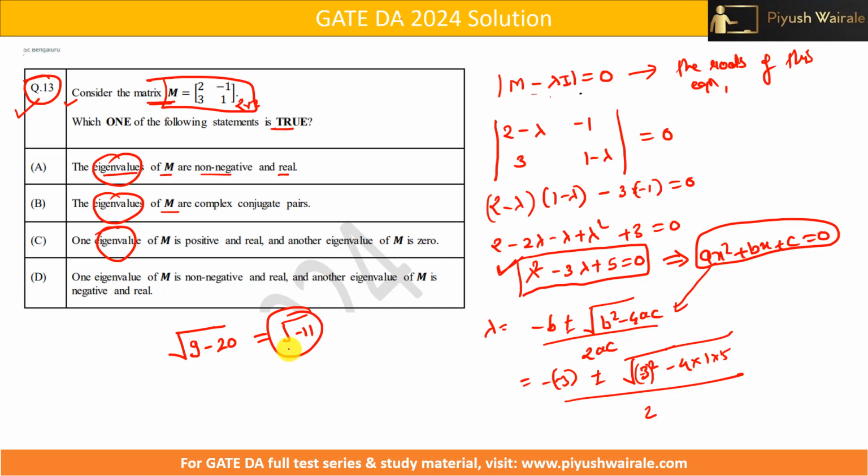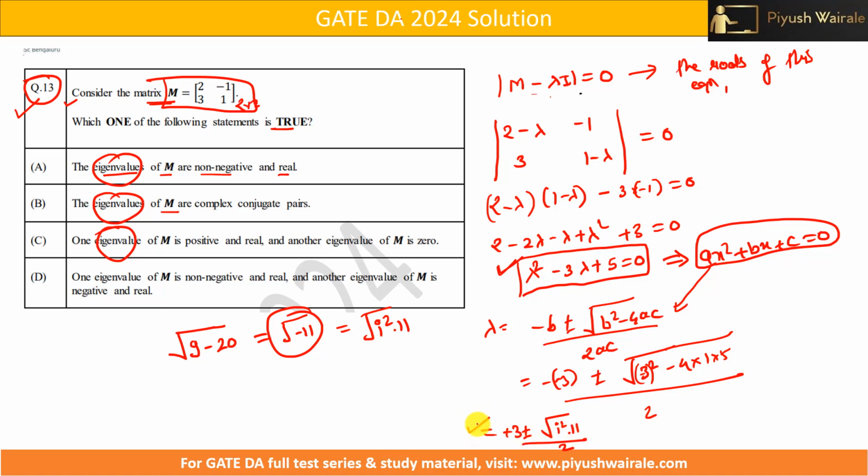I can write this as i square into 11, because i is an imaginary number, that is a complex number. So what I will get is 3 plus minus i square root of 11, by 2.